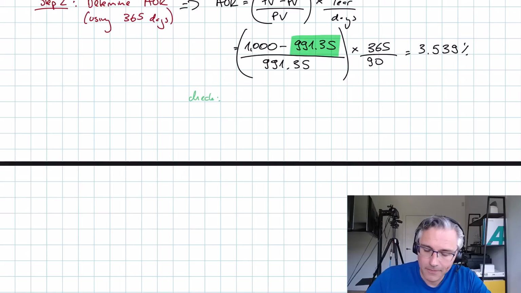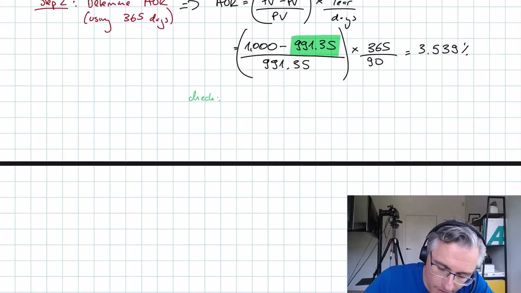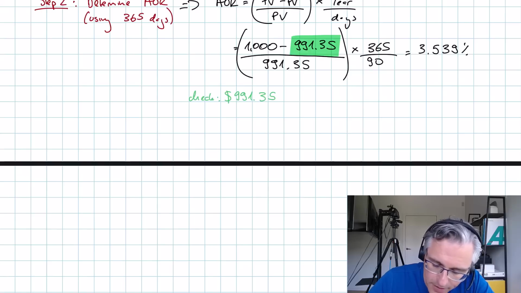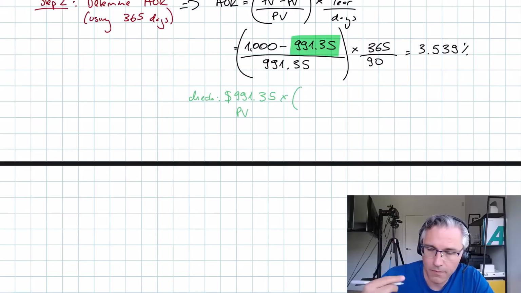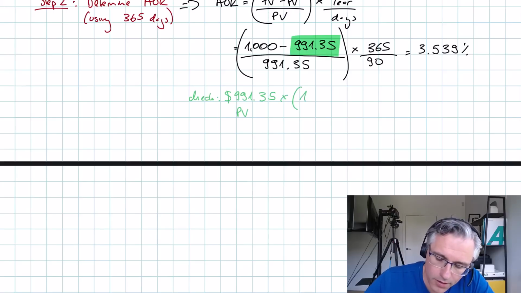We can easily take the 991.35, this amount, which is our PV, and scale it up by multiplying by 1 plus 90 over 365 times the freshly computed add-on rate, 3.539%.